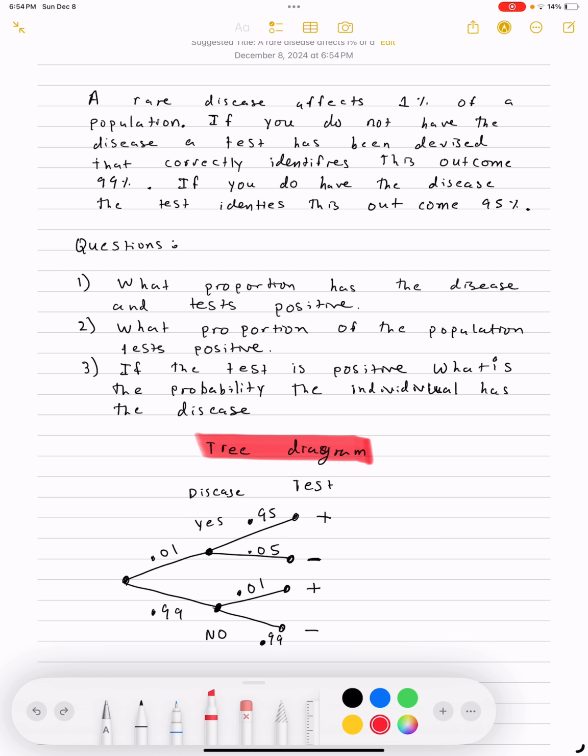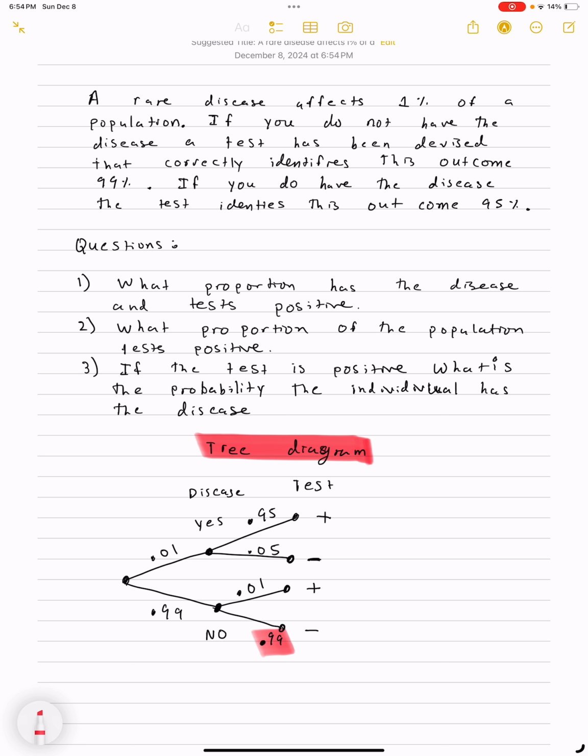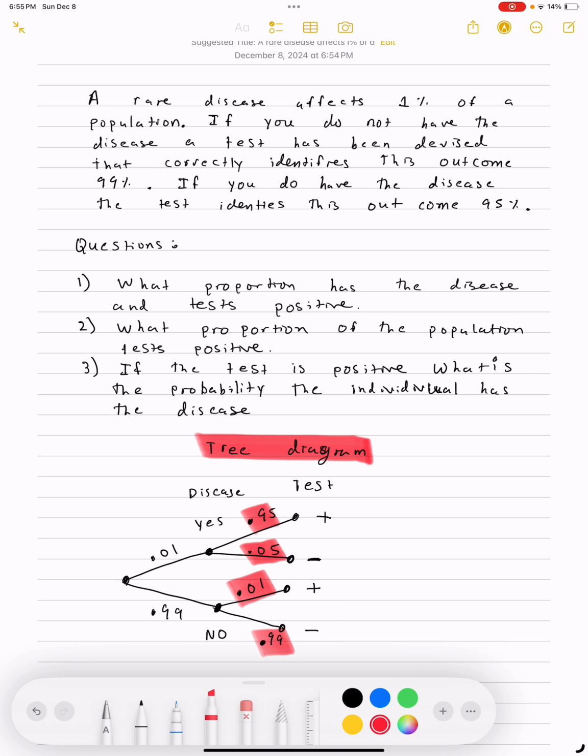Okay. We were also given 99% test negative when they don't have the disease, and you had to infer via the complement rule that 1% had a false positive rate right there. And similarly for the upper, it gave us this 95%, you had to infer the 5% right there. Okay.